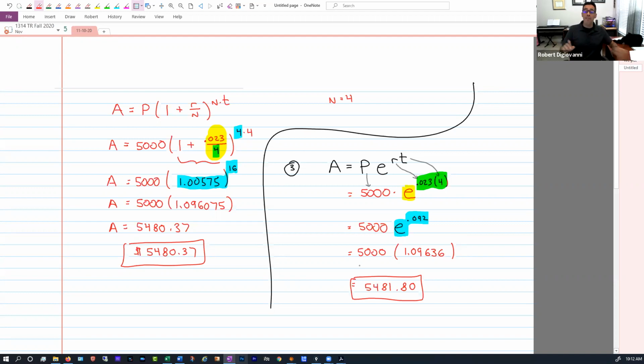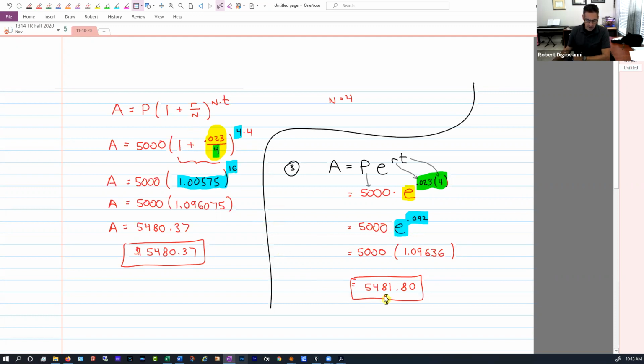And that is the most amount of money you're going to get from a bank ever, if they compound it continuously. What's nice about the continuously formula is that you just use that E key on your calculator. It's pretty straightforward. Once you get this, just do E to that power, you're done. You don't have to worry about this fraction.